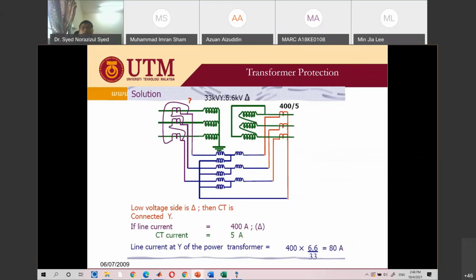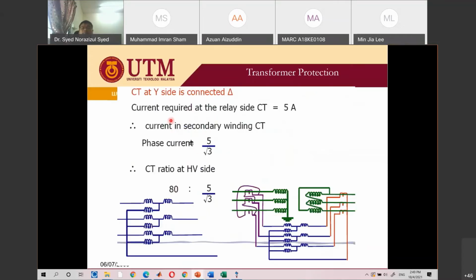Okay. So basically, if the LV side is 400/5, we know that the maximum current is 400, because based on the question, they don't give the capacity of that transformer. So you can just assume the capacity based on the LV CT ratio. For example, 400 means the maximum current that this transformer can carry at the LV side is 400 amp. You just bring that 400 amp to the primary side using the ratio, so it's 80 amp.